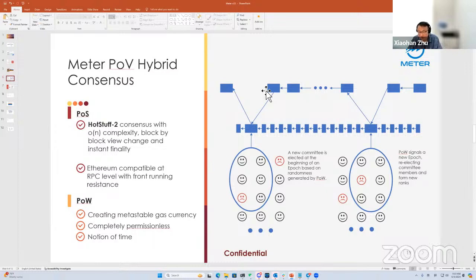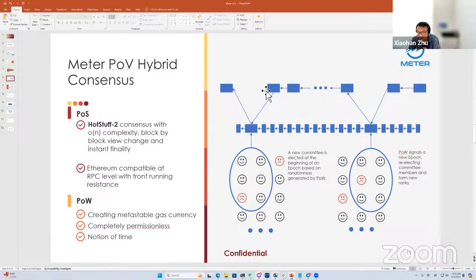Because on the proof of stake chain, from time to time, you have to update the information of the validators. For example, new validators coming in, or an existing validator may exit the network, or some validator may get into some malfunction state and has to be taken out from the consensus committee.